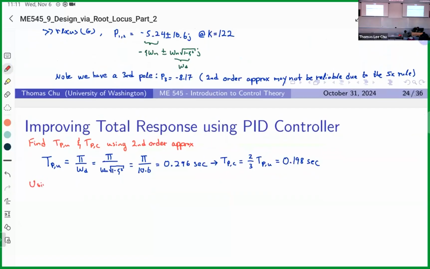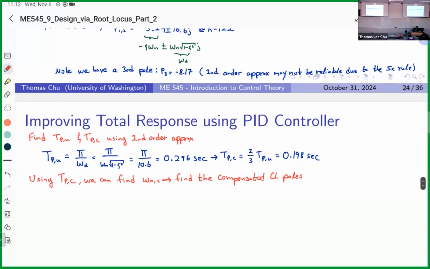So using our TPC, our compensated time, we can find the natural frequency of the compensated system, and in turn find the compensated closed loop poles, because we're still maintaining our damping ratio of 0.456.